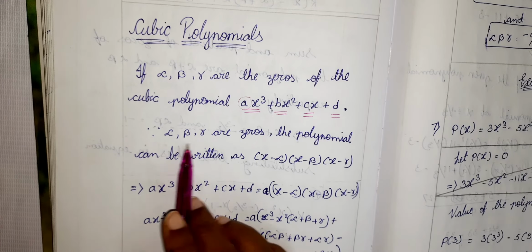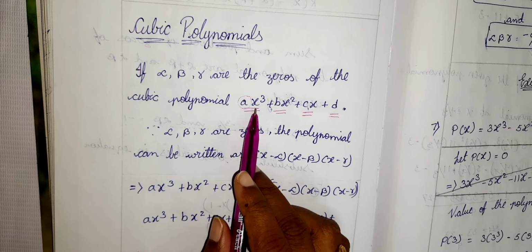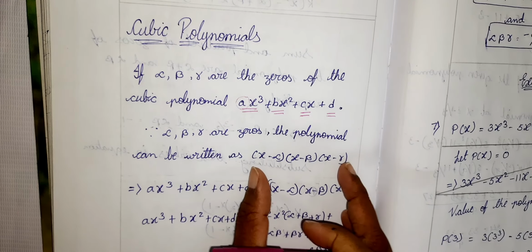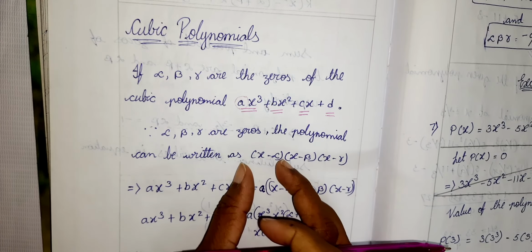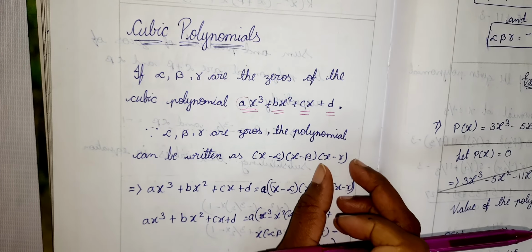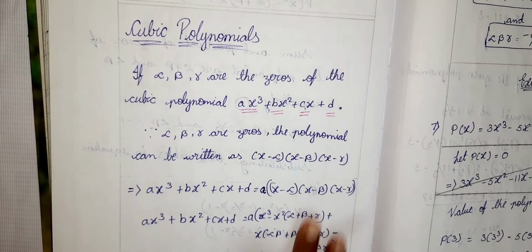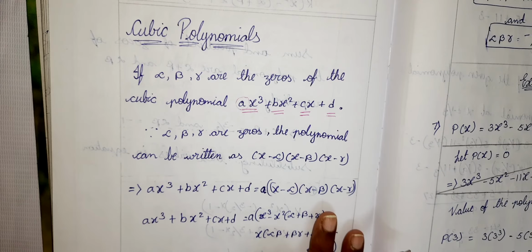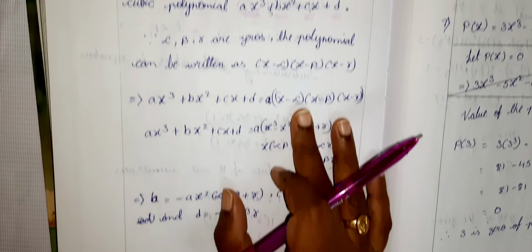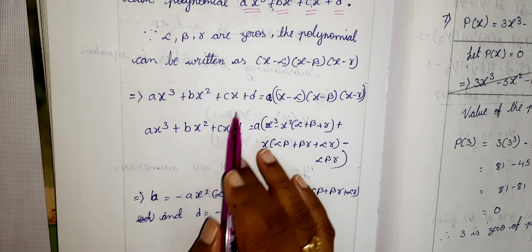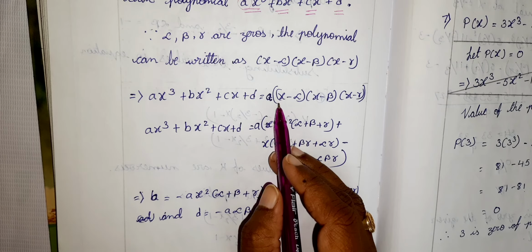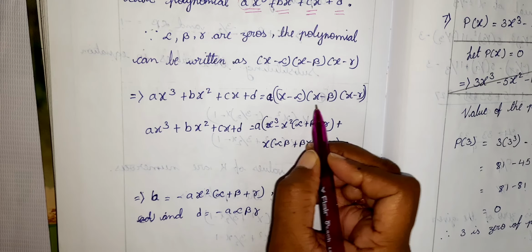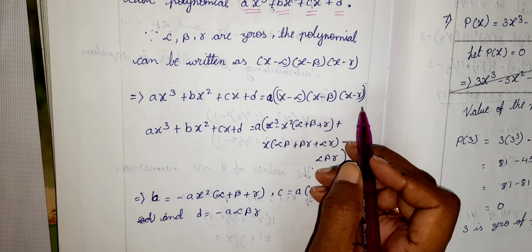Right, if alpha, beta, gamma are the zeros of the polynomial, then x minus alpha, x minus beta and x minus gamma will become the factors of the polynomial. Therefore, this polynomial can be written as some constant k into x minus alpha into x minus beta into x minus gamma.